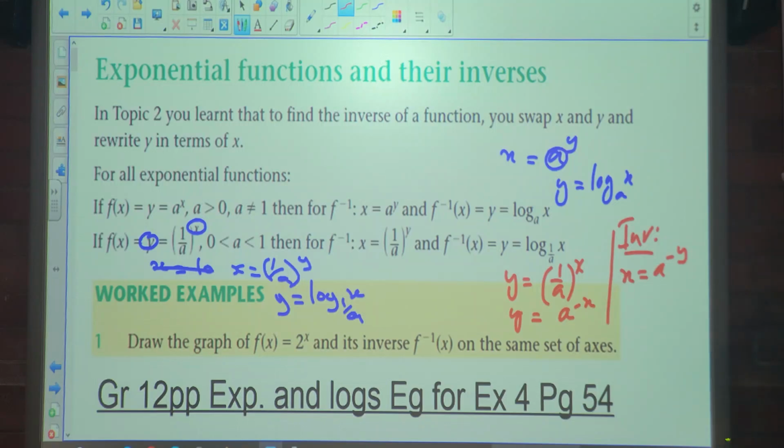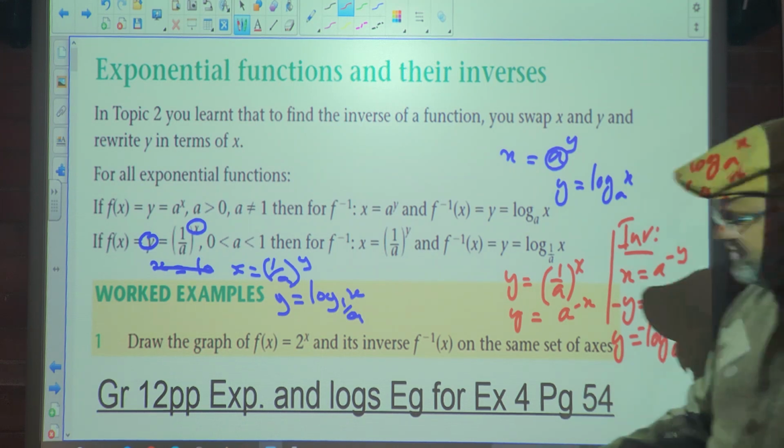Now if we change it to logs, it reads negative y is equal to log x base a. So y is equal to negative log x base a. Can you see that? And we can prove that as well.